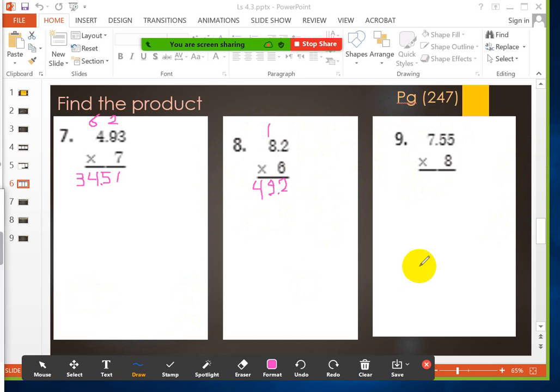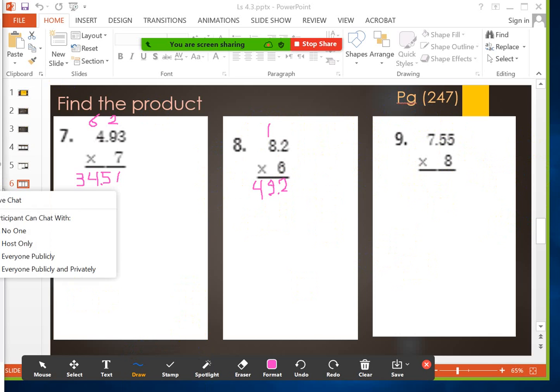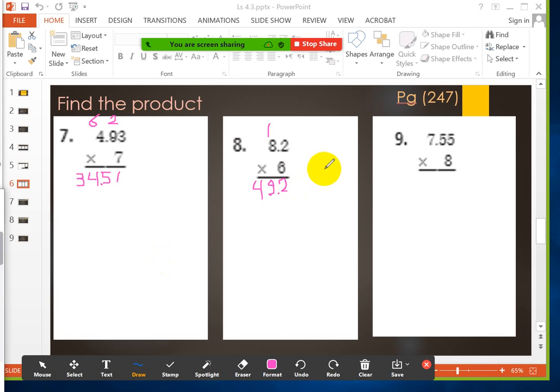Yes, Lana. Teacher, yes. The screen goes and comes. Again. The screen goes and comes. The screen with me is good.